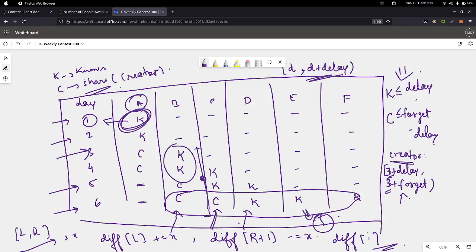But in our case you would have noticed that all the intervals are semi-open intervals. So here instead of R plus 1 we'll just do R. That's one thing to notice.